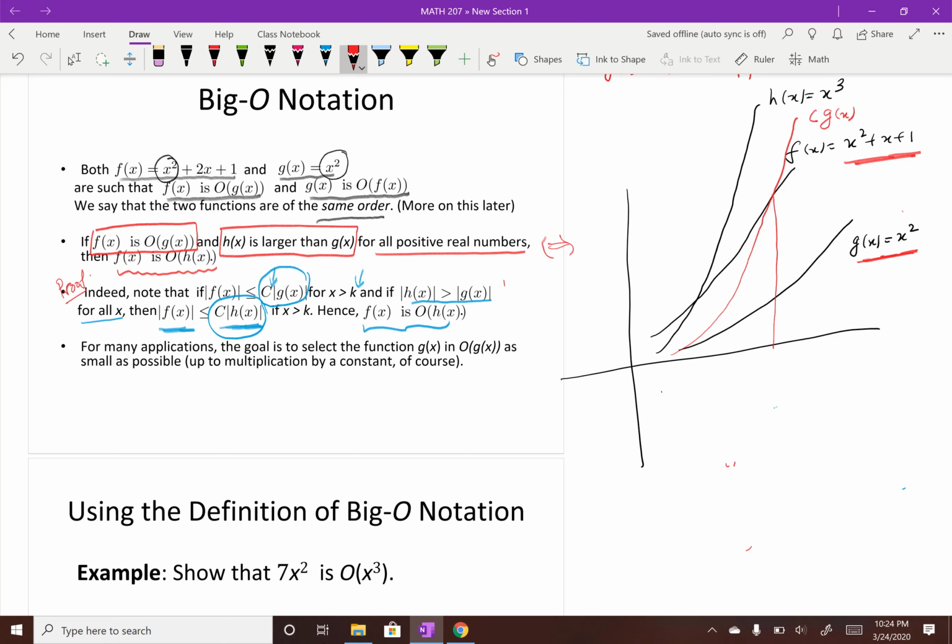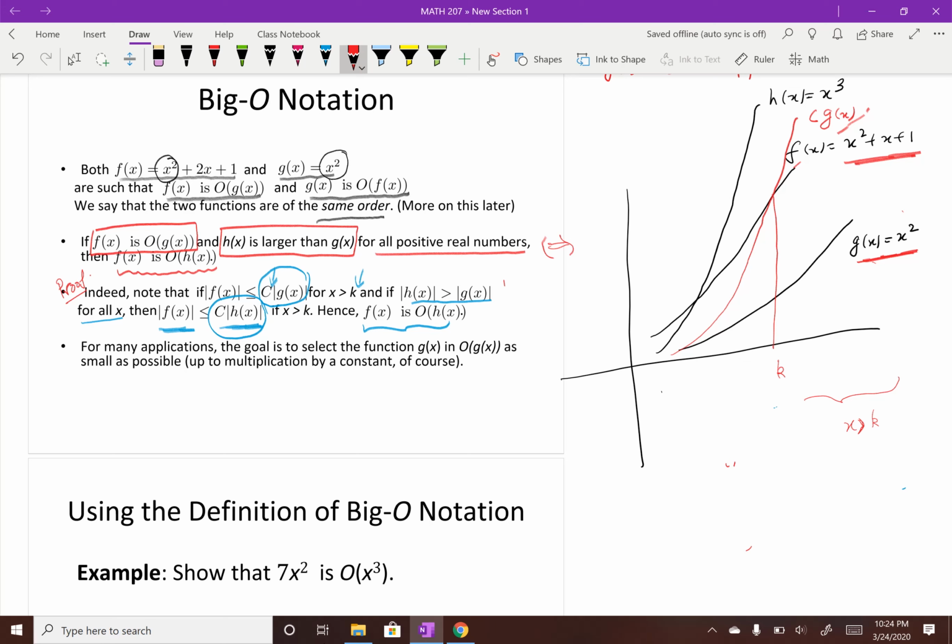So after this value of k, in this region of x greater than k, you can prove that f of x is big O of g of x. But if we have another function h of x and h of x is bigger than your g of x, then you can easily prove that this f of x is big O of h of x.